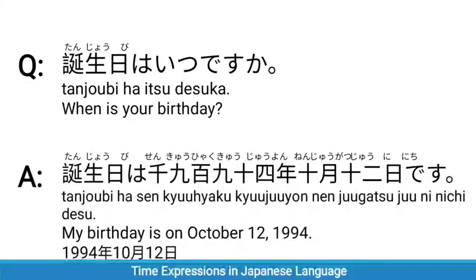And I want to emphasize this part kasi ganito yung format nila ng pagsulat ng date. Una is yung year, next is yung month, and next is yung day. Okay?